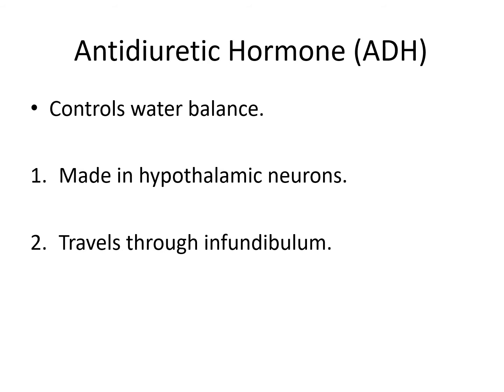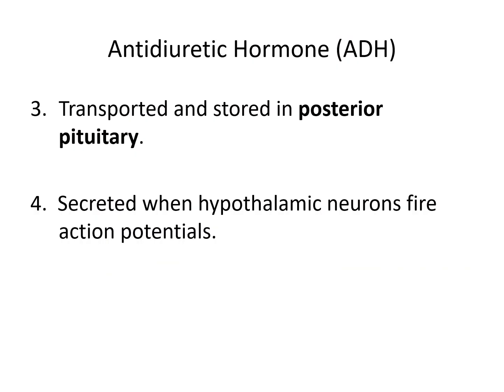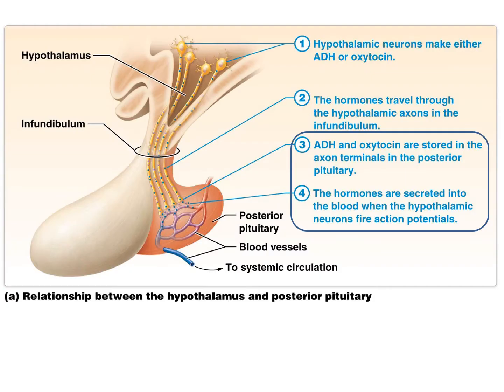And again, as we mentioned, they're made in the hypothalamic neurons, and they travel from the hypothalamus through the infundibulum to the posterior pituitary. And then they're secreted when the hypothalamic neurons fire action potentials. So remember, this is also called the neurohypophysis. So it's more like a traditional neural interaction where the hypothalamus is signaling the posterior pituitary to secrete these hormones.